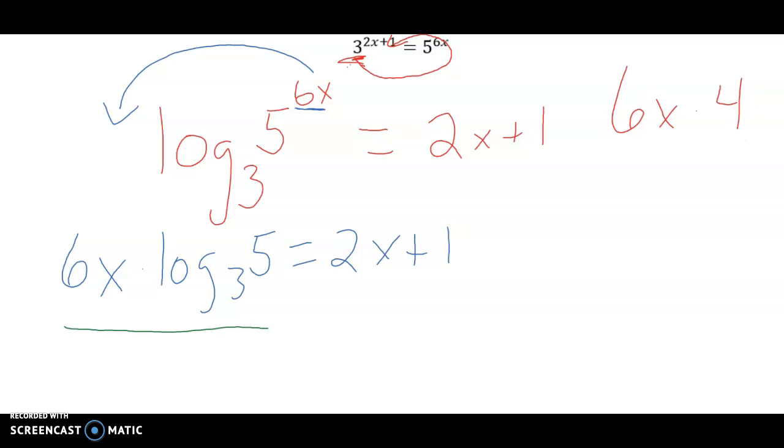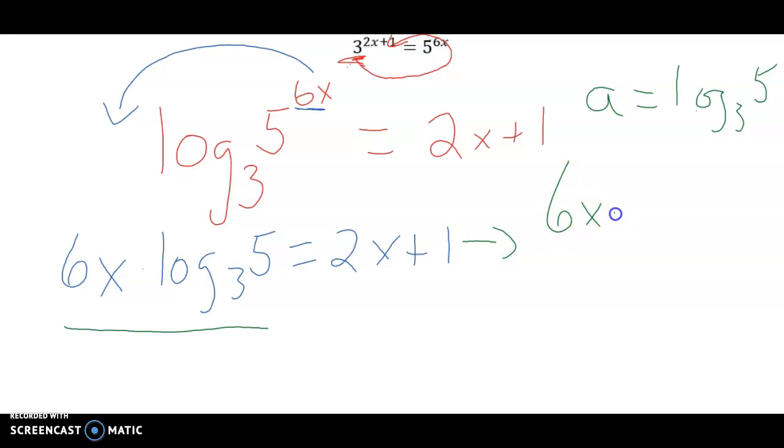It's the same exact idea. Well, since I don't want to write log base 3 of 5 10,000 times, I'm going to do something off to the side here. I'm going to let a equal log base 3 of 5. Whenever I see log base 3 of 5, I'm just going to put a in, and at the very end, I'll make the substitution. So this thing turns into 6x times a equals 2x plus 1.